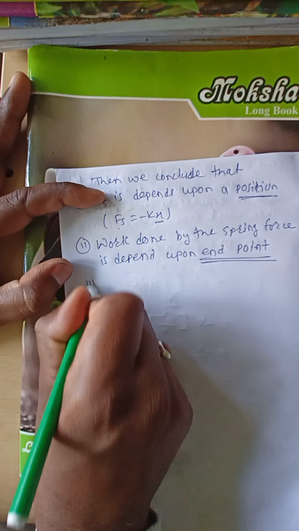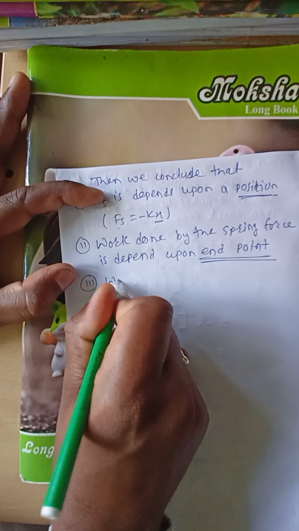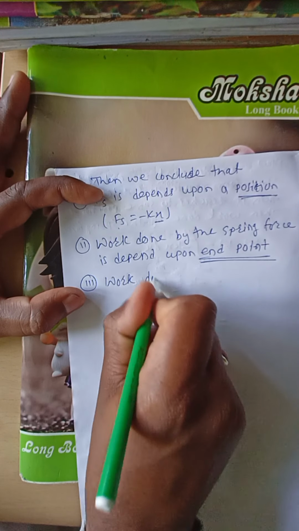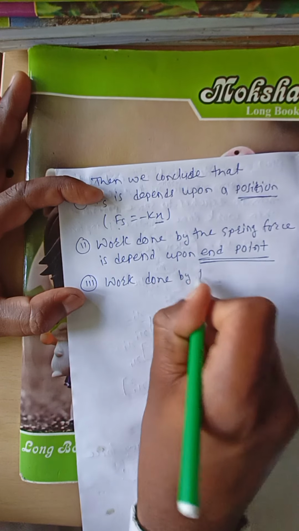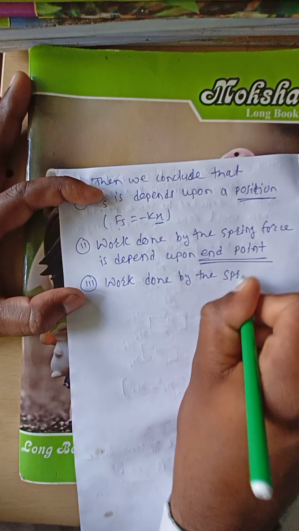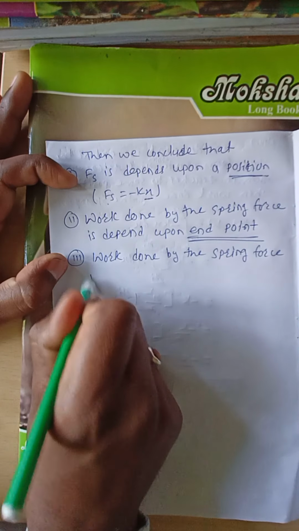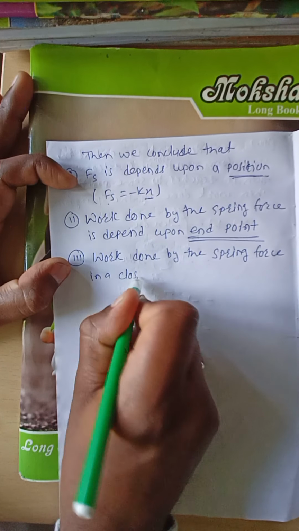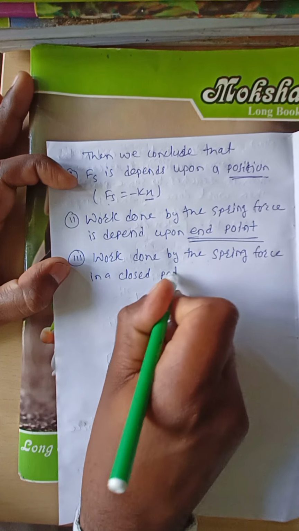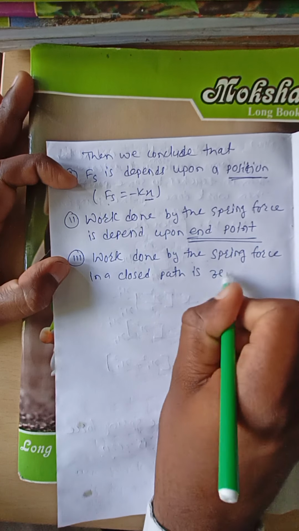And next, work done by the spring force in a closed path is 0.